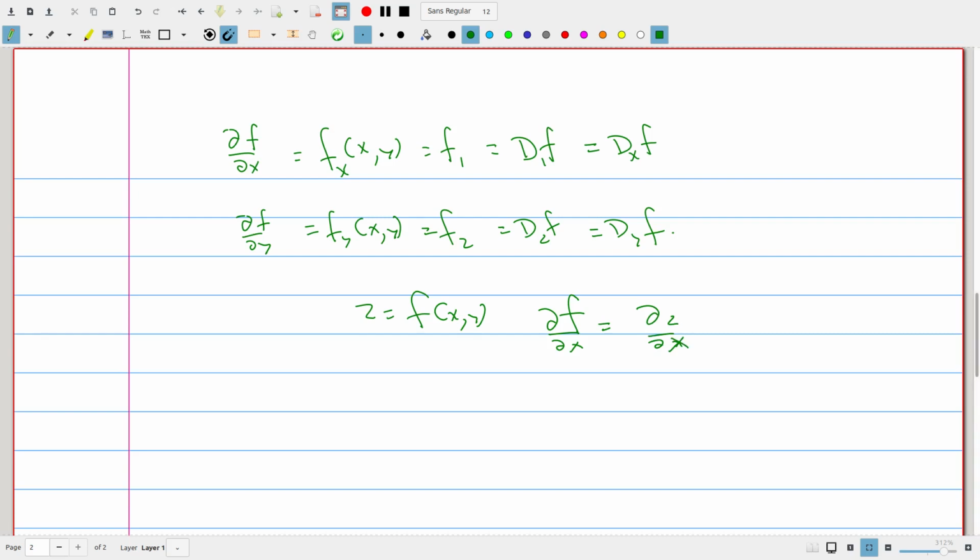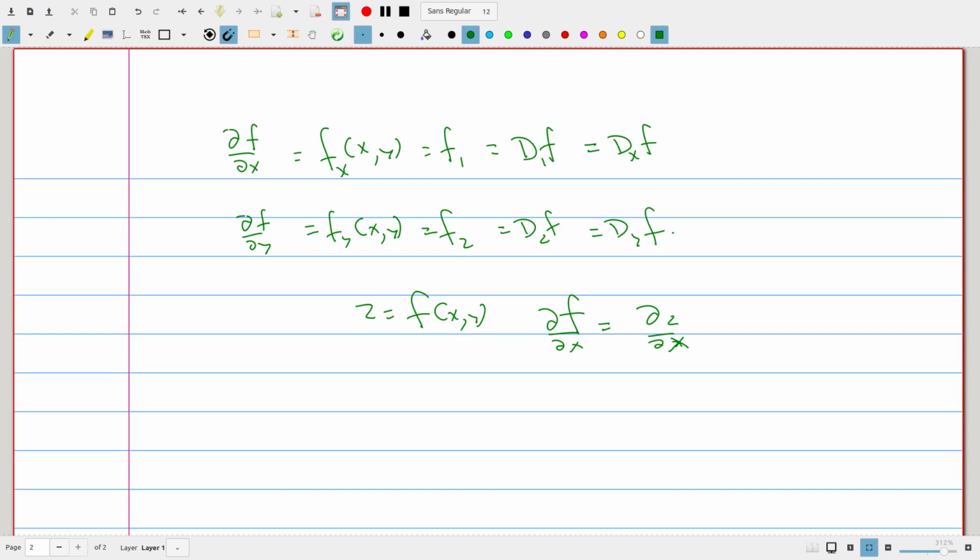Alright, so let's look at a few examples. We'll start with functions of two variables, because that helps us give it a geometric interpretation, and then hopefully work upwards.